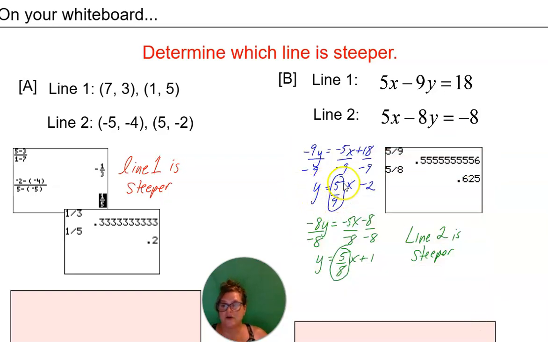So we have a slope of 5/9 for line 1, a slope of 5/8 for line 2. Comparing their decimals in the calculator, we see that line 2, the 5/8, is 0.63. That's greater than line 1, which had a slope of approximately 0.56. So line 2 is the steeper line.